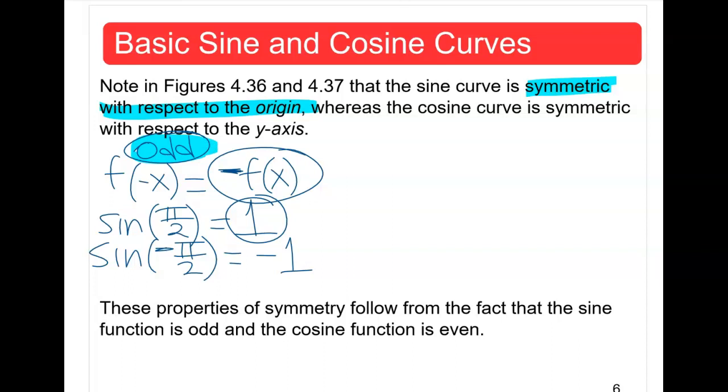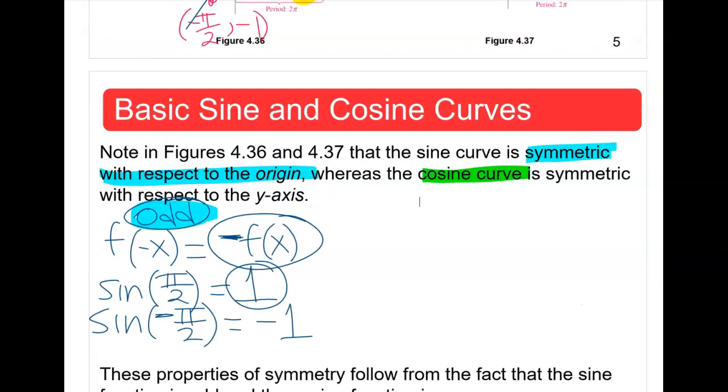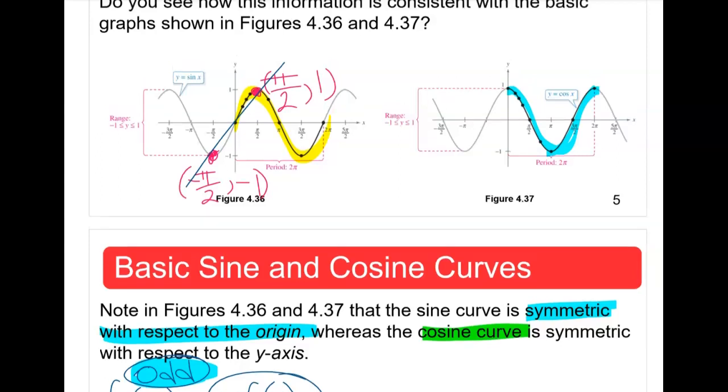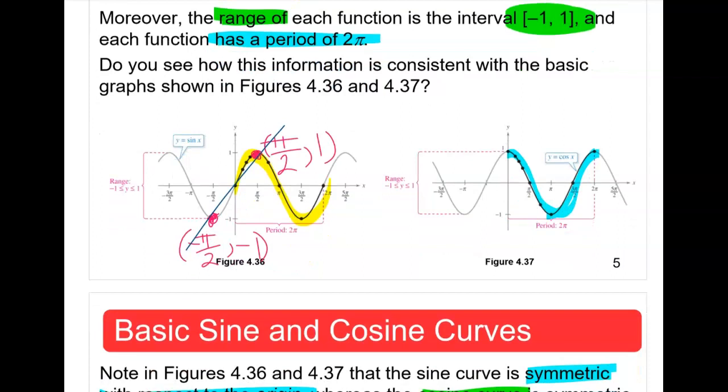Now, if we look at the cosine function, let's look at the graph and focus on this part here, from here to here. Let's use pi. Cosine of pi, we can see it here, has the value of negative 1.